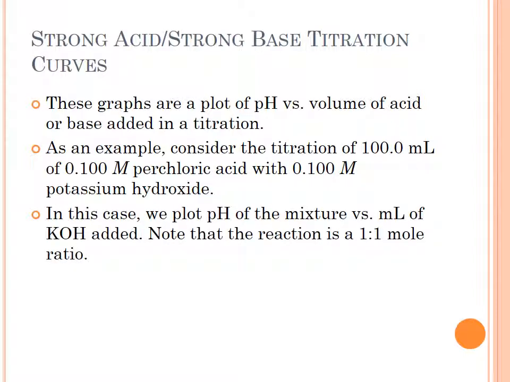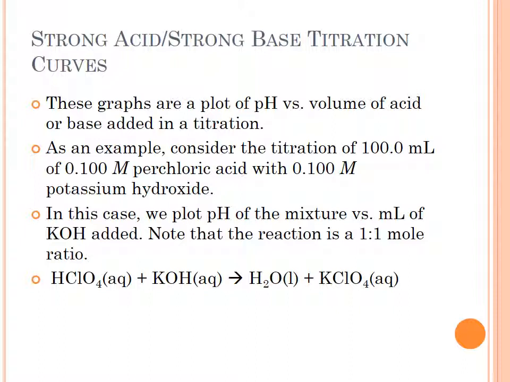In this case, we'll plot the pH of the mixture versus the milliliters of the potassium hydroxide we add. Note that this is a 1-to-1 mole ratio of reaction, so after 100 milliliters of potassium hydroxide, we will have reached the equivalence point.